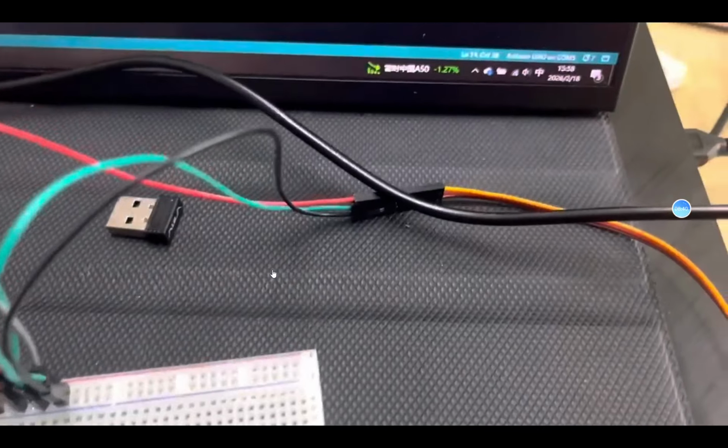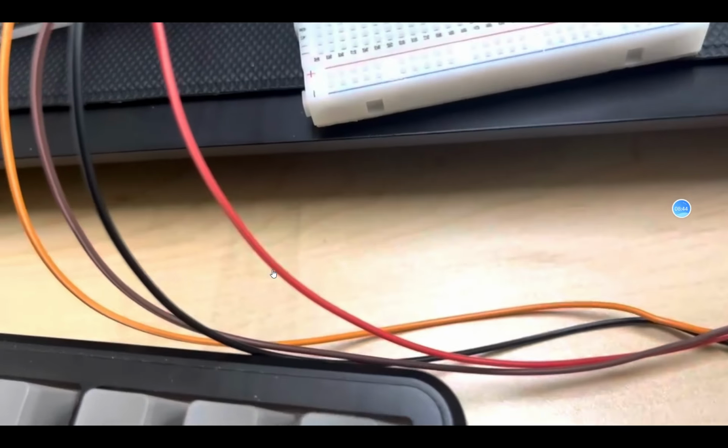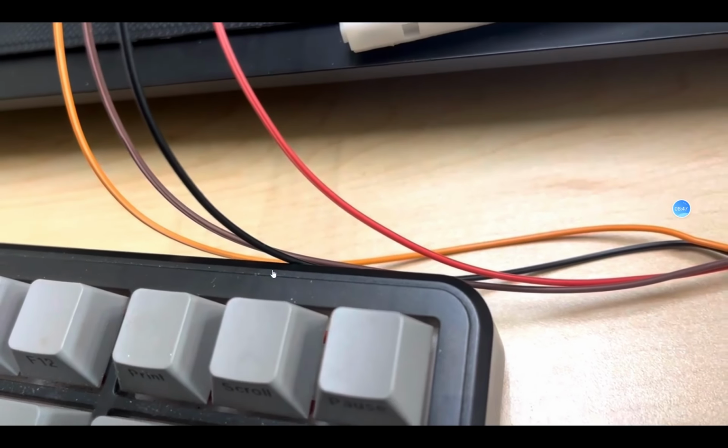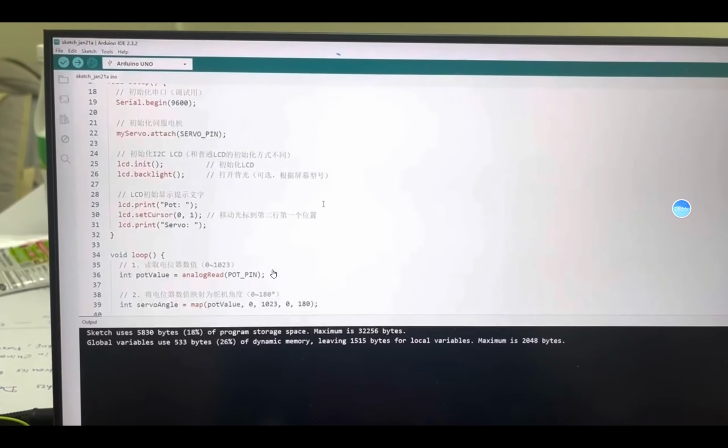So you can see the hardware connection. And the LCD and the code in C++.